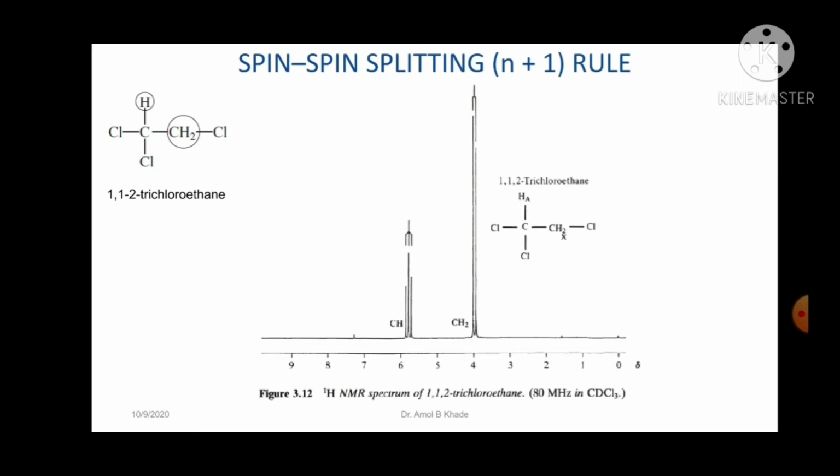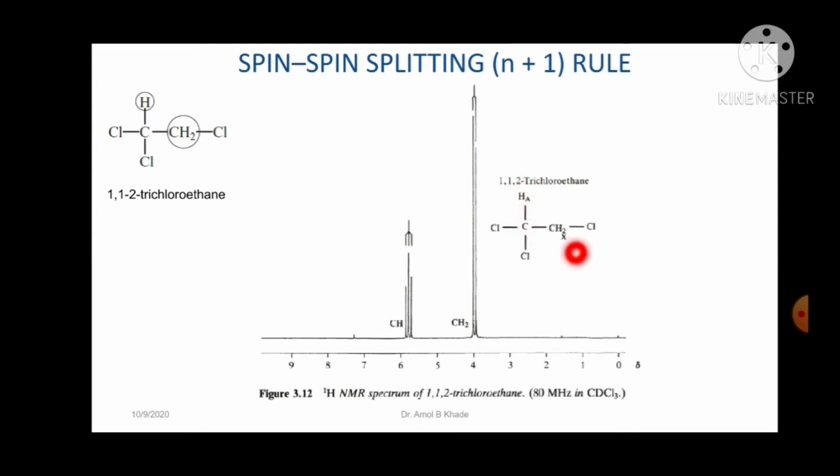Now the CH proton has appeared towards the downfield region, or the de-shielded zone. If you remember, we have discussed various factors affecting the chemical shift, and under that there was a factor which is electronegativity. Because of the electronegativity of these two chlorine atoms which are very close to this carbon, through this carbon it will withdraw the electrons of this hydrogen and make this hydrogen more de-shielded.